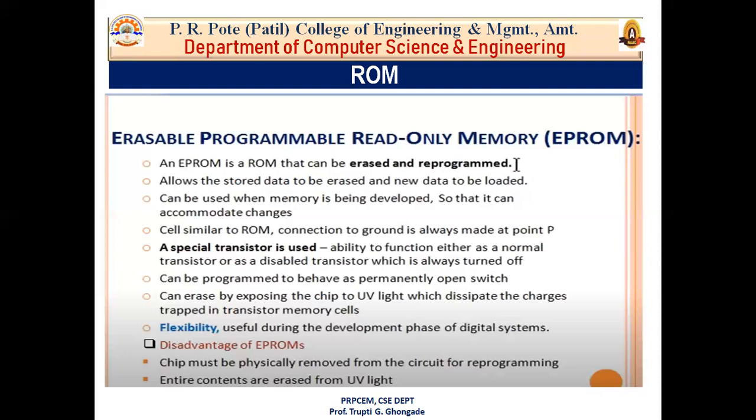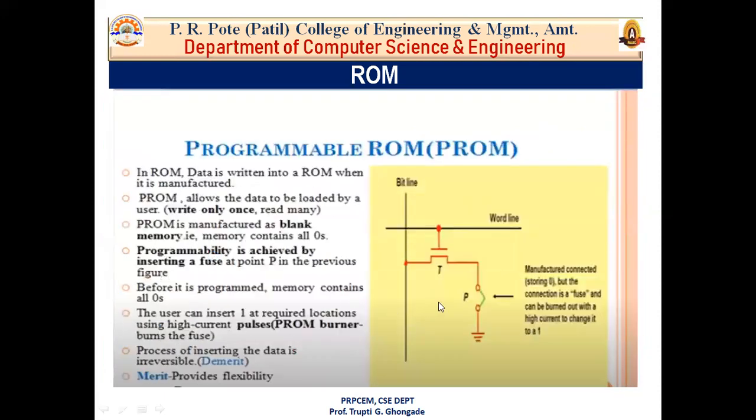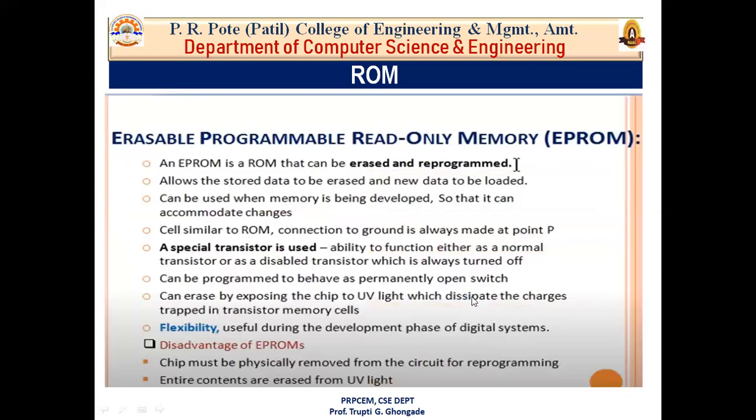Here we use a special transistor at point P. This special transistor has the ability to function either as a normal transistor or as a disabled transistor.